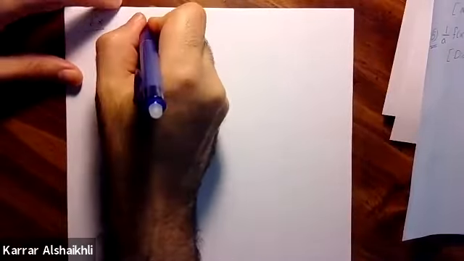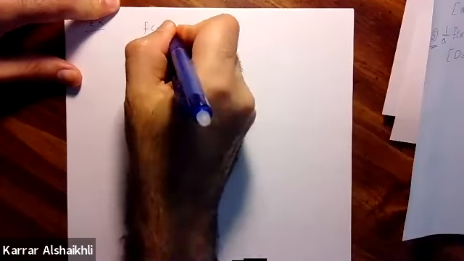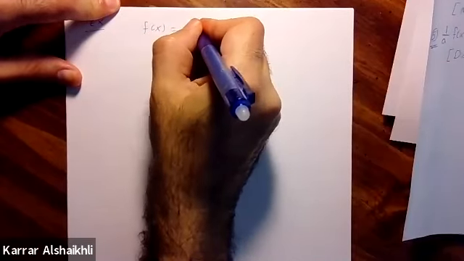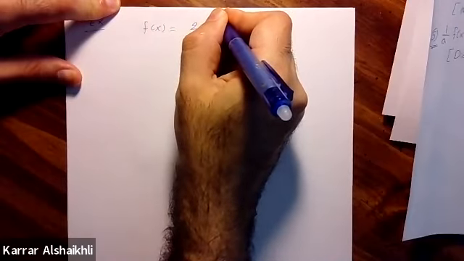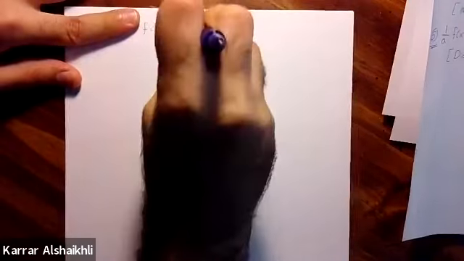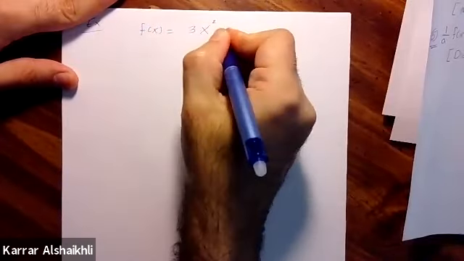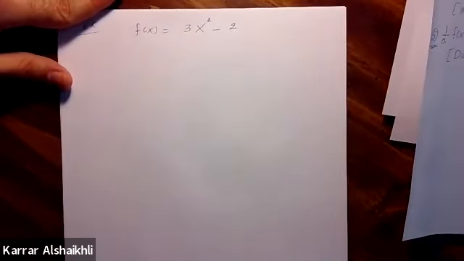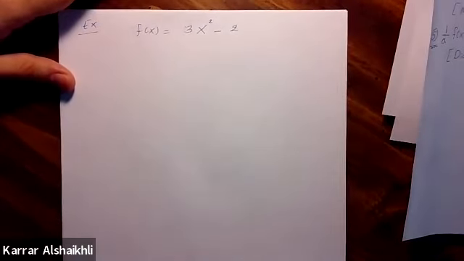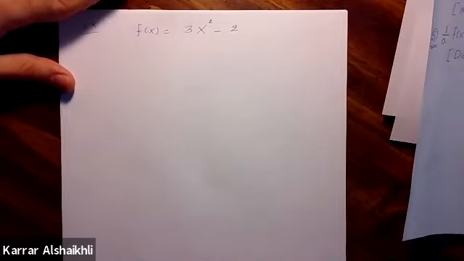If we have f of x equal 3x squared minus 2. So the first thing, we're not going to graph it, we're just going to write down the techniques.